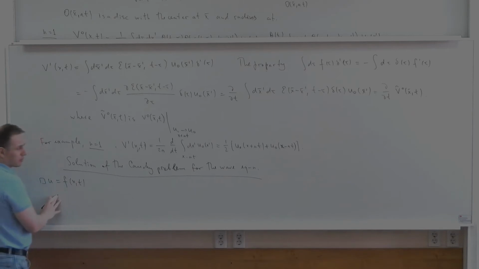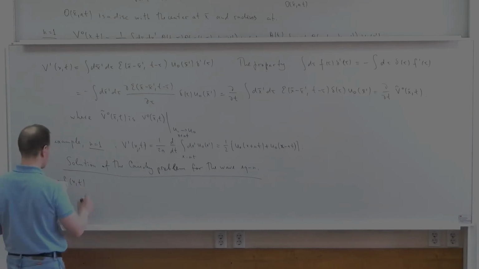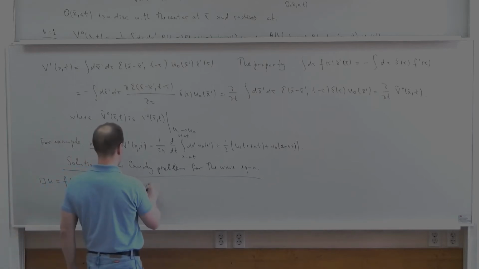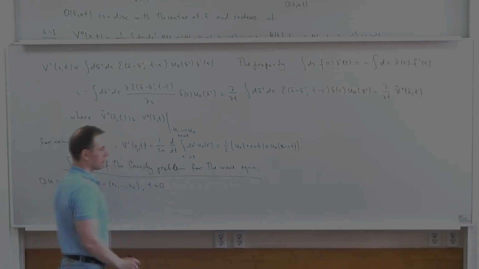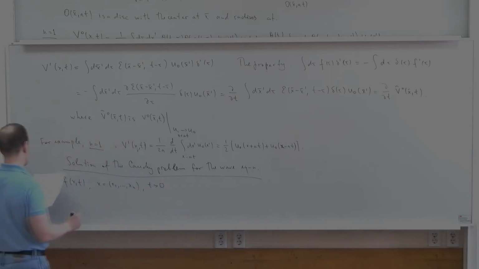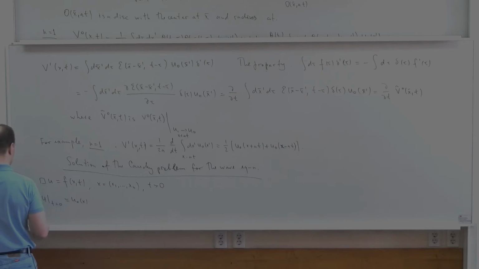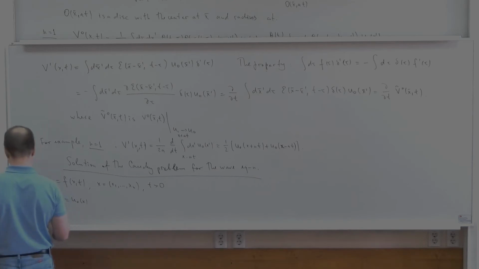We are considering the inhomogeneous wave equation in n-dimensional space. The time t is assumed to be greater than 0. And at the initial instant of time, we specify the initial generalized coordinate and generalized velocity.